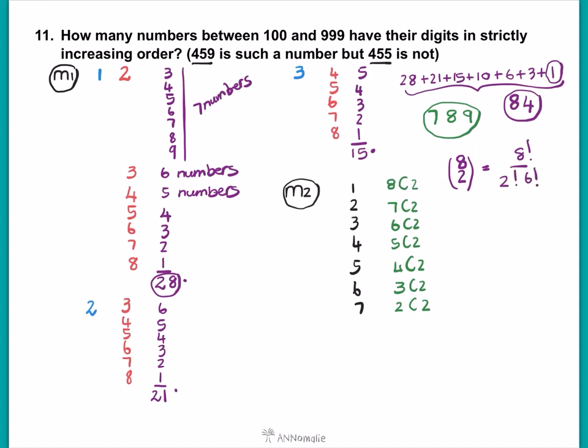If we calculate that, we will have 8 times 7 divided by 2 is 28, and we'll get the exact same answers as before. How beautiful is this mathematics? And that will result in the same answer of 84 numbers.